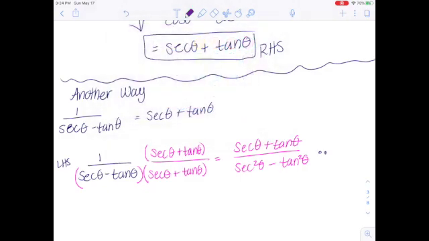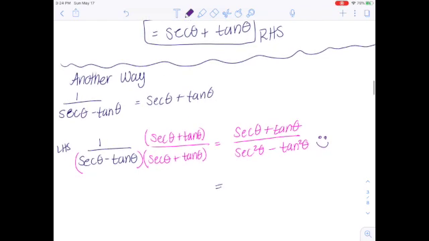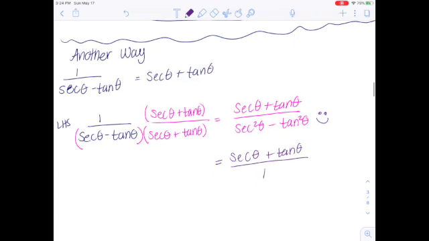And if you were super keen, you could notice that that guy, secant squared of theta minus tangent squared of theta, is just a Pythagorean theorem identity version. And you get secant theta plus tangent of theta. That denominator is just equal to 1. And there you have it.